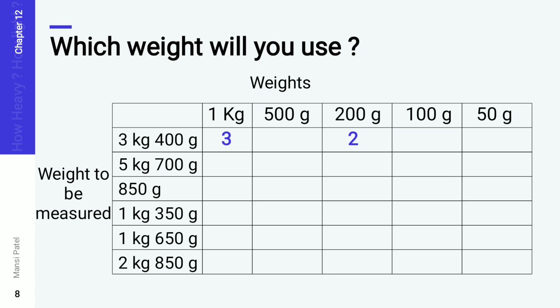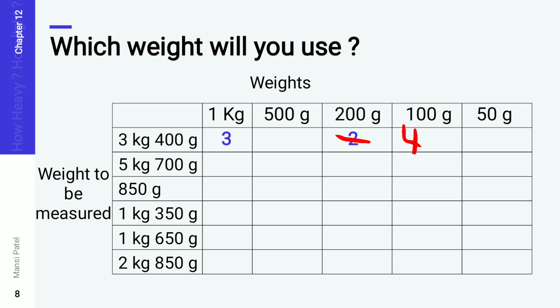Or if you don't want to use 2 units of 200 gram, then you can use 4 units of 100 gram, which also makes 400 gram.